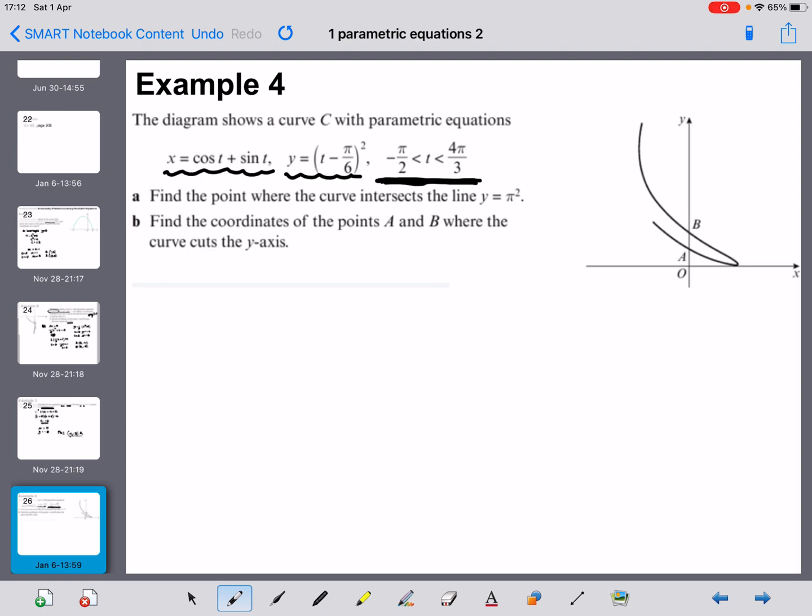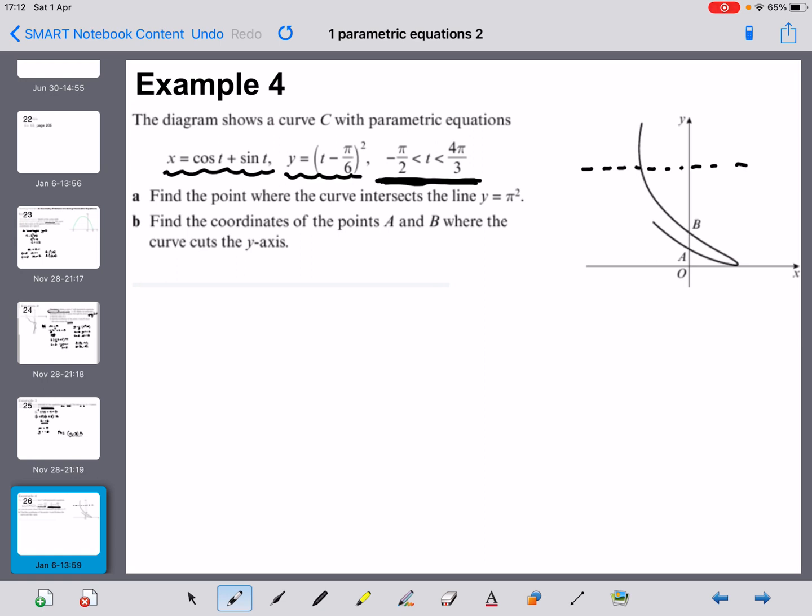We want to find the point where the curve, given with those parametric equations, intersects the line y equals pi squared. Okay, pi squared is just a number. Pi is 3.14, so pi squared is just over 9. So that's just a horizontal line, so it might be up here, for example.